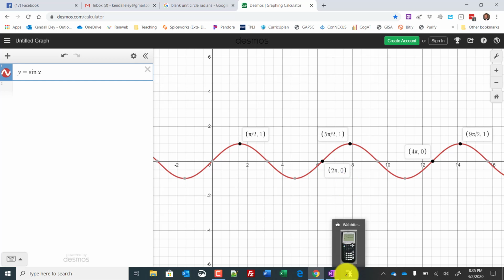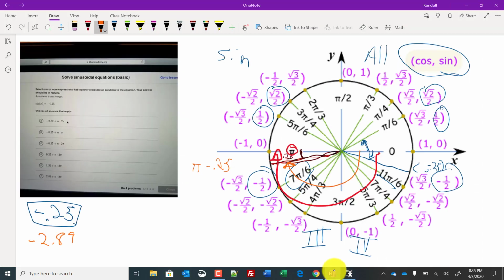So what that means for our answers is that if I start at negative 0.25, anytime I add an integer times 2 pi, I'm going to be back to the same point. If n is 0, I'm at negative 0.25. If n is 1, I'm at negative 0.25 plus 2 pi, and we could figure that out on our calculator.